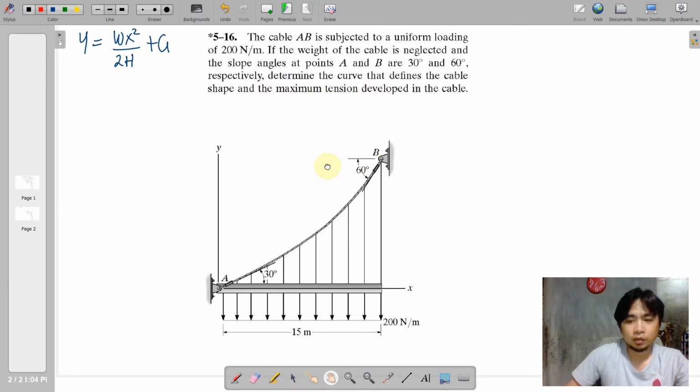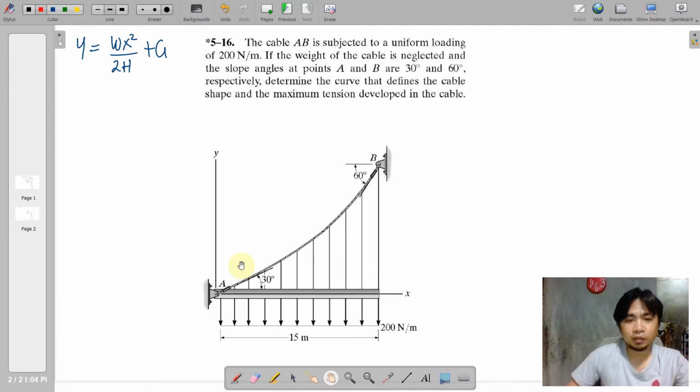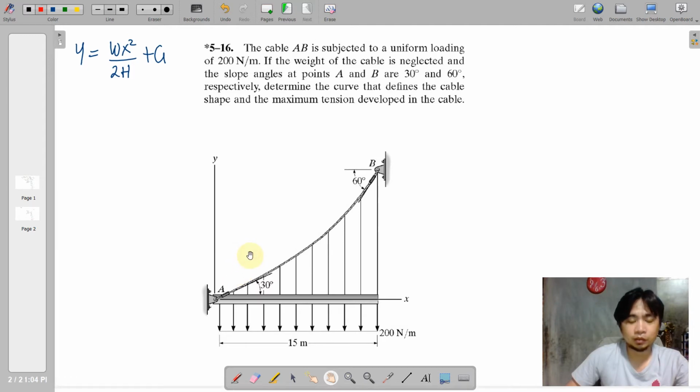So the problem here is we do not have the lowest point, and the lowest point here in the given actually has a slope. So we cannot base our solution on a condition where the lowest point has a zero slope.